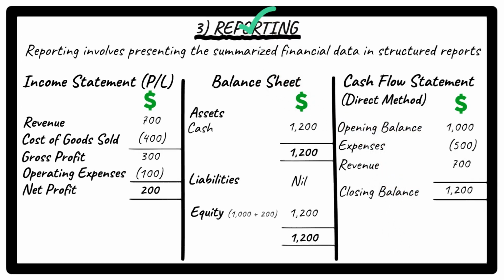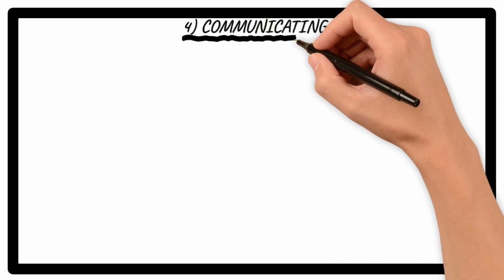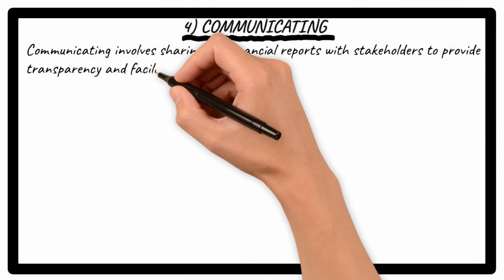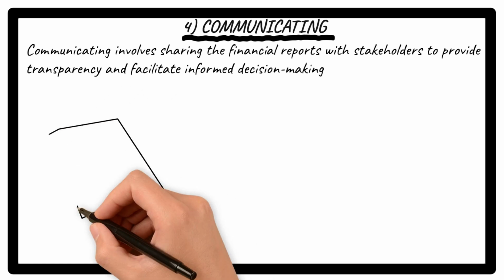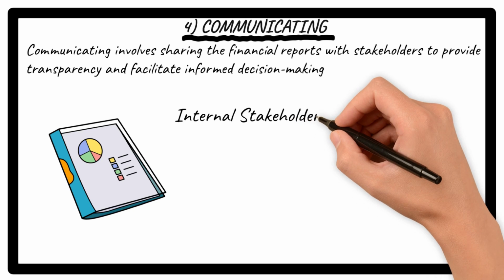Let's look at the final fourth step, communicating. Communicating involves sharing the financial reports with stakeholders to provide transparency and facilitate informed decision making. There are two types of users for financial statements, internal and external stakeholders.